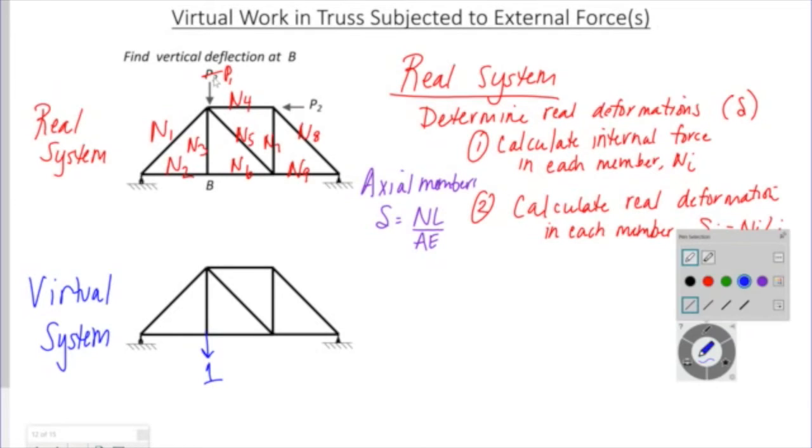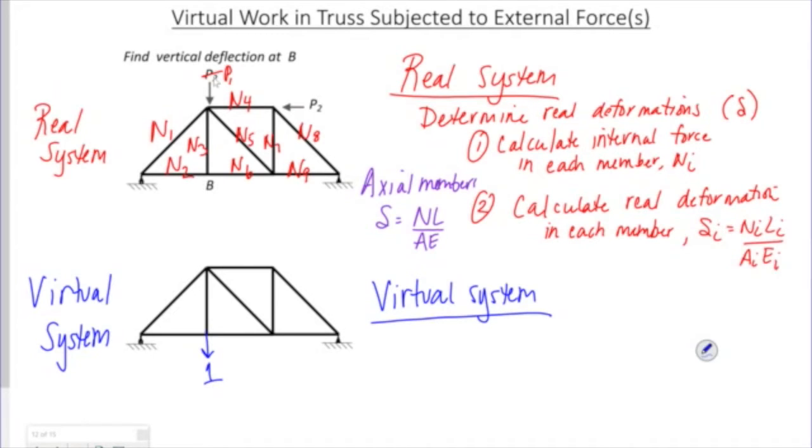And now I have my virtual system, where all I need to do is determine the internal force in each member.